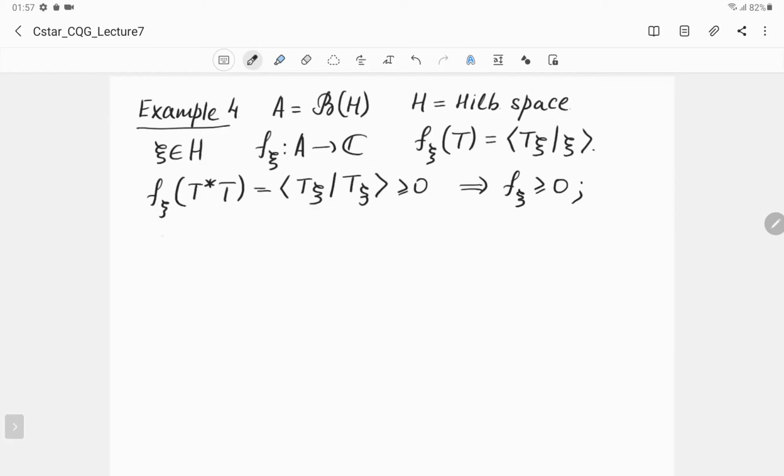It's also more or less clear that the norm of this functional is the norm of xi squared. So the inequality follows from the Cauchy-Bunyakovsky-Schwarz inequality, and if we substitute the identity operator, we see that this is the equality. So in particular, we see that f_xi is a state if and only if the norm of xi is 1.